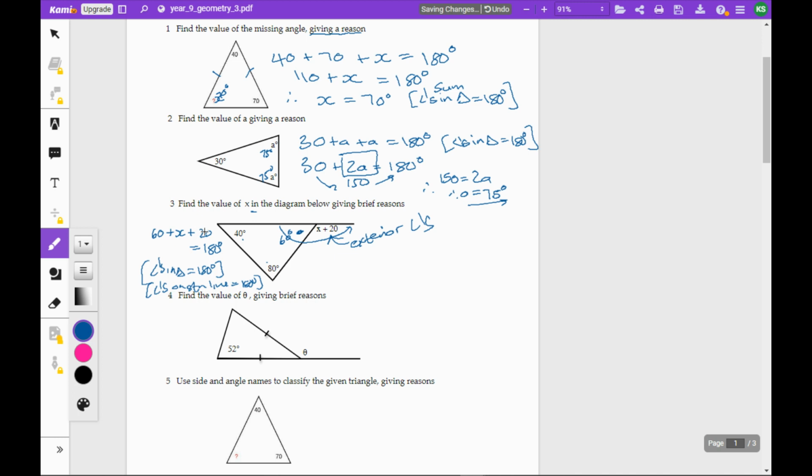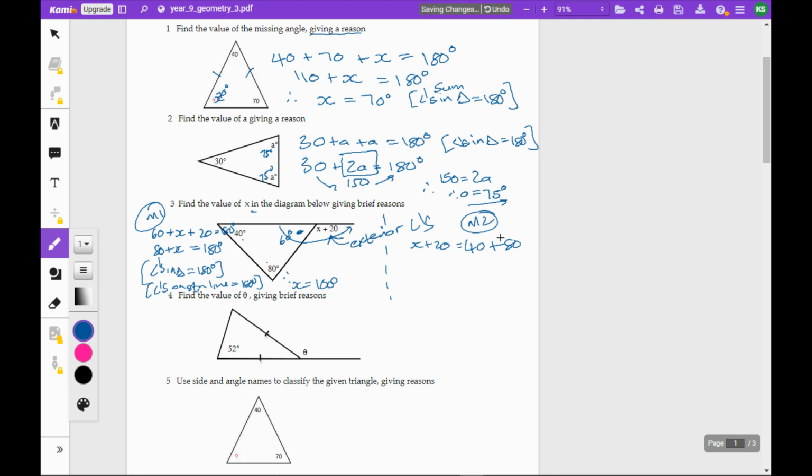60 plus 20 is 80. So we know that if this is equal to 180, 80 plus x equals 180. So x must therefore equal 100 degrees. Now the exterior angle is equal to the sum of the opposite interior angles. So x plus 20 is equal to 40 plus 80. This is method number 1, angles in a triangle, angles in a straight line.